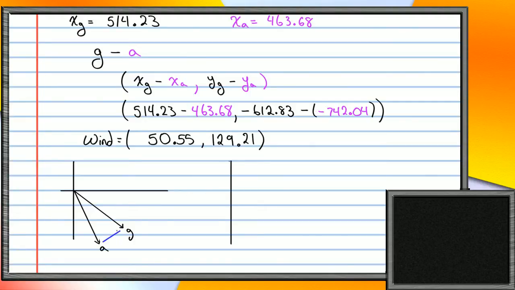Now, our wind is blue. That's going to be a bit easier. So we've got two components here: 50, which we'll say is here, and 129, which we'll say is here. It's not accurate, but we'll say it is.